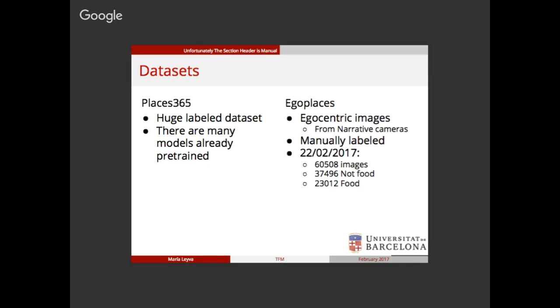And it is manually labeled, and yesterday, I still had some photos to upload and label. We have over 60,000 images, and 23,000 of them were food related.